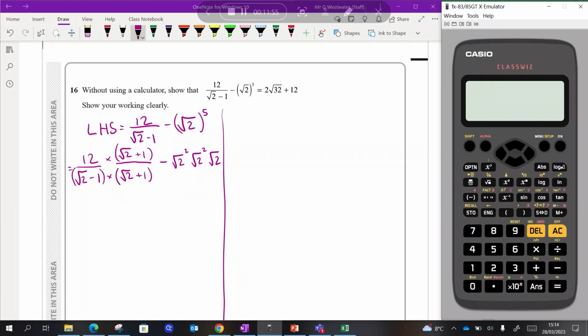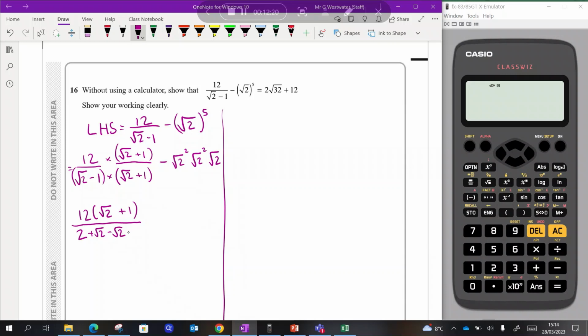Okay, so let's rationalize. On the top we've got 12 root 2 plus 1, and on the bottom we're going to have root 2 times root 2 for just 2. We'll have root 2 times plus 1 for plus root 2. We'll have minus 1 times root 2 for minus root 2. That's the whole point of doing this, difference of two squares to cancel that out.